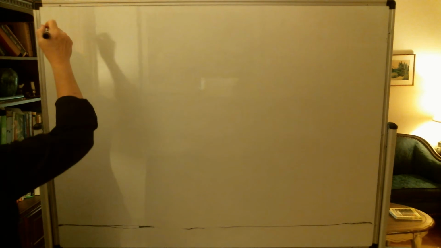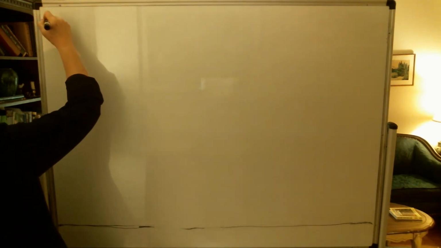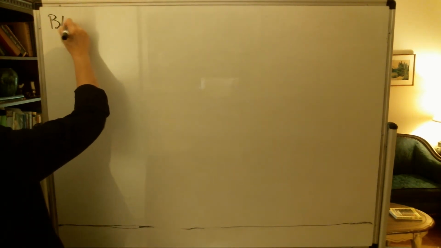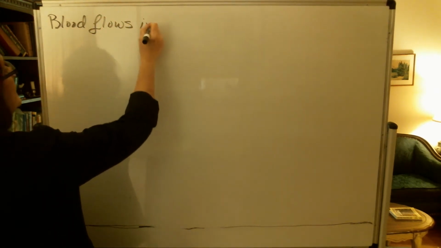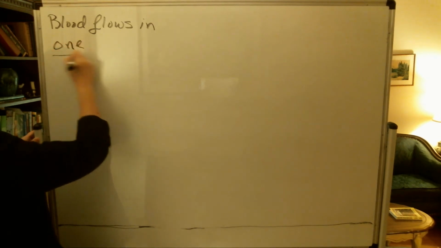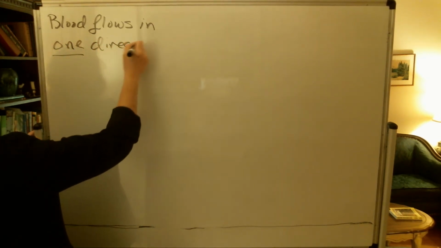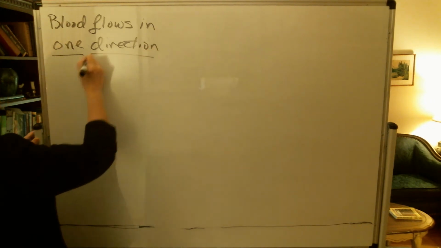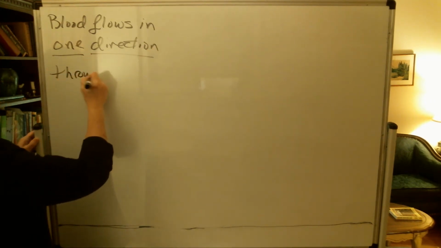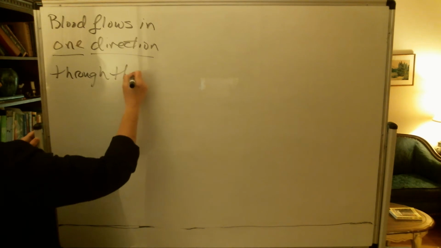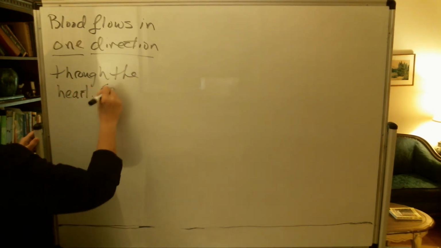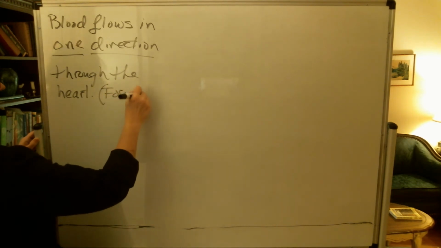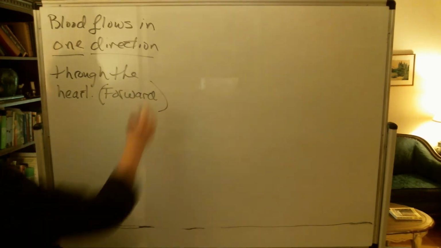So we have the 4 chambers, and by the way, blood flows in one direction through the heart. So basically, blood always goes forward through the heart.